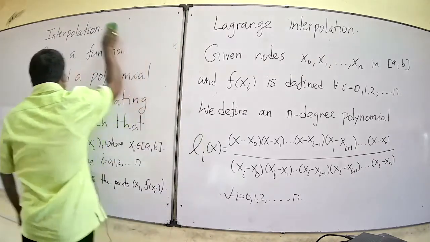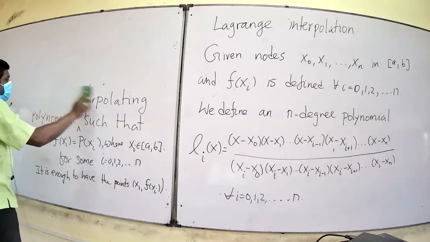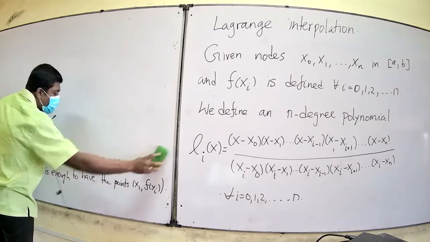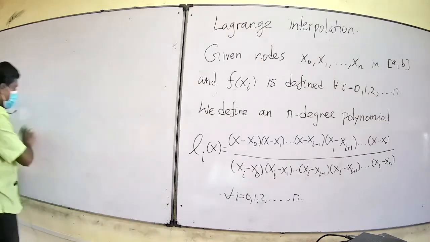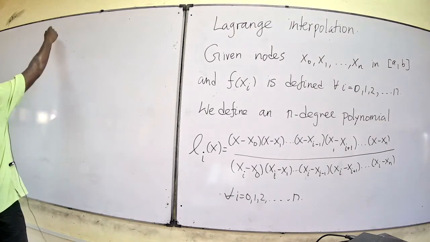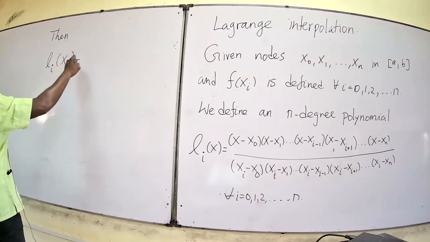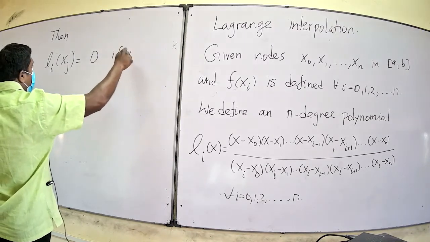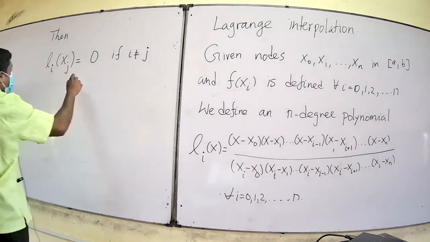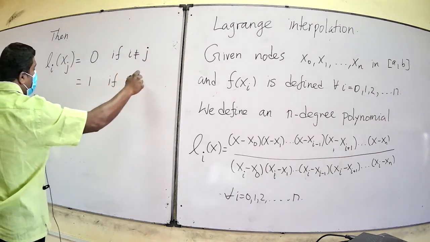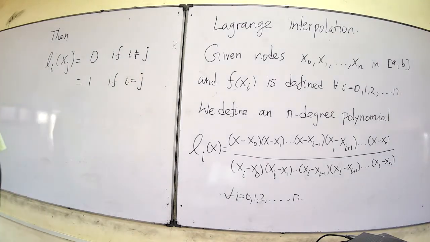So here, one thing you can notice: if you put x equal to xj in these functions, you can easily see that Li of xj will be 0 if i is not equal to j.